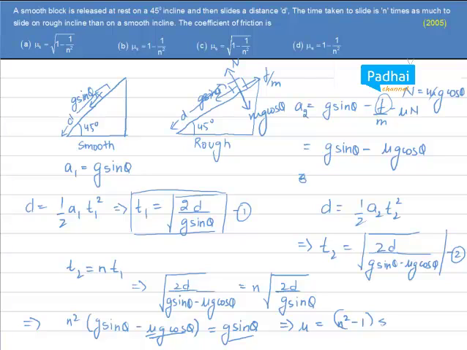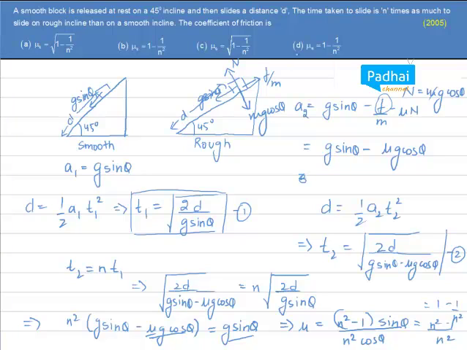So n square minus 1 into sine theta divided by n square cos theta, right? So sine theta upon cos theta, that will be tan theta, and tan 45 is 1, so it will be equal to n square minus 1 divided by n square. Or I can write it as 1 minus 1 upon n square.